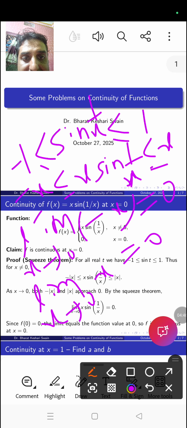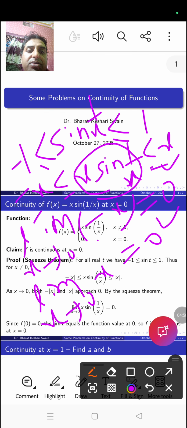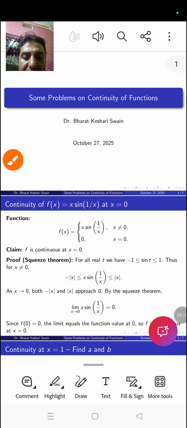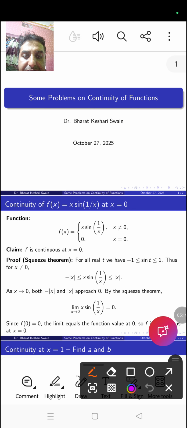And since x sin(1/x) is a function in between -x and x, with the limit of -x being 0 and the limit of x being 0, using the squeezing theorem we can say that the limit of this function is also 0 as x tends to 0. So the limit as x tends to 0 of x sin(1/x) is equal to 0. This is the limiting value.